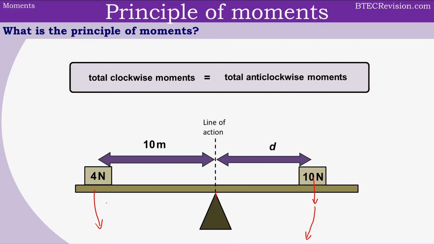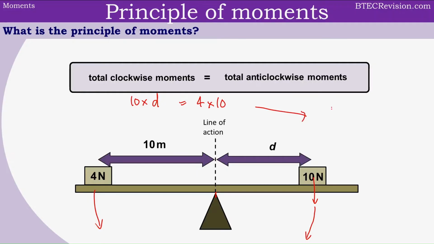Okay, so we can say that the total clockwise moment is 10 newtons multiplied by the distance from the pivot, which is perpendicular to the force, and that's d, and that's equal to 4 newtons of force times the perpendicular distance of 10. So we can rearrange this equation now for d.